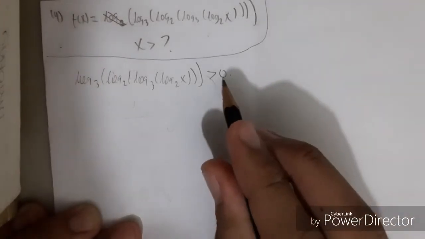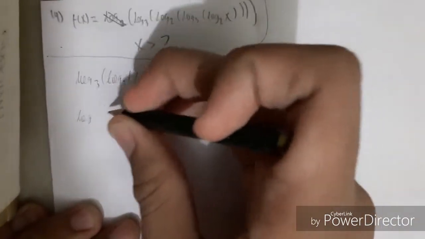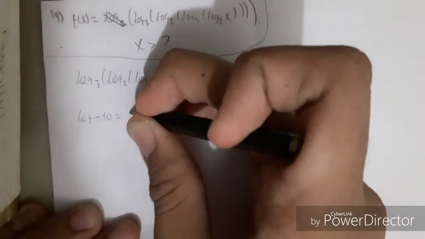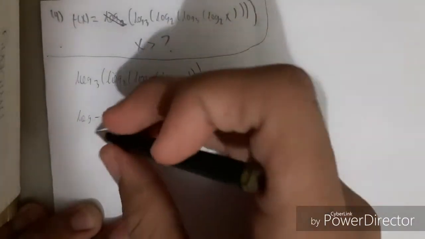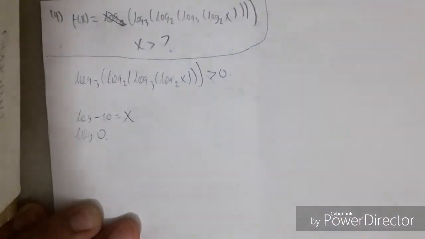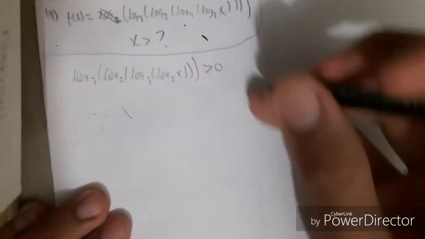That's why I make it greater than 0. What I mean is the logarithm of something negative, for example negative 10, is undefined. Same as logarithm 0. These two are undefined, so they have nothing to do with logarithm. That's why I made it greater than 0.